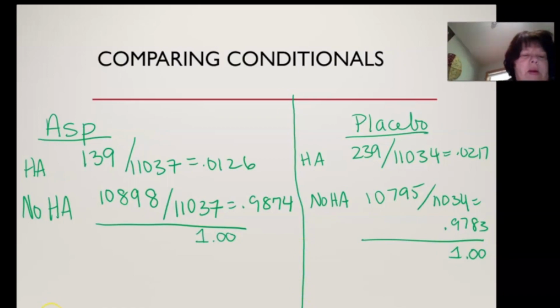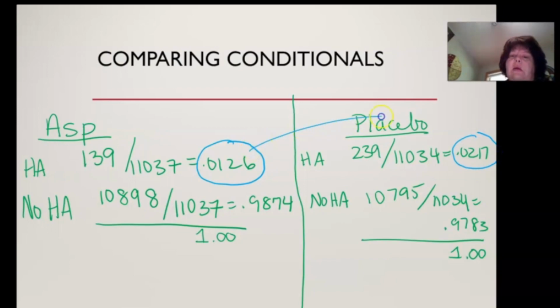And now we would compare, right? Compare the groups. So I would compare the percentage of the aspirin group that had a heart attack to the percentage of the placebo group that had a heart attack. And you might say, oh, they're not much different. They're both small. Well, they're both small. But one is almost twice as big as the other.